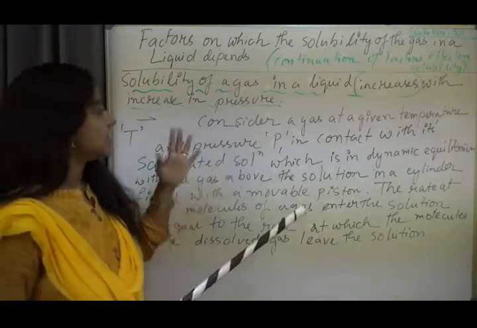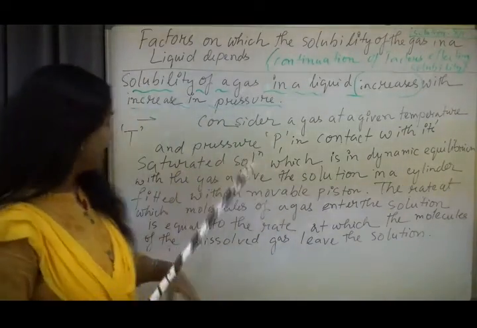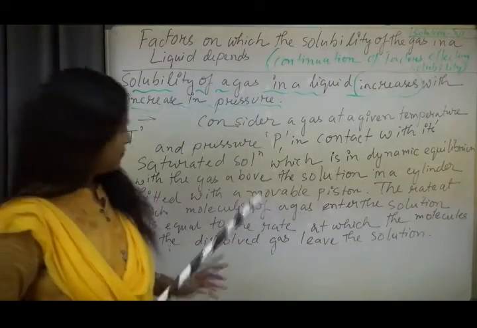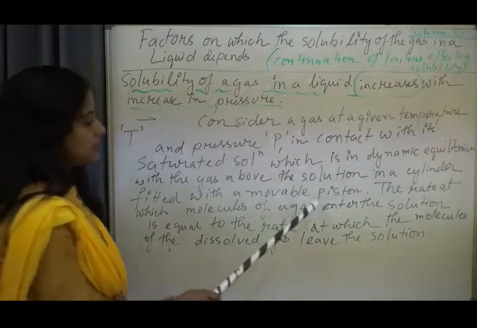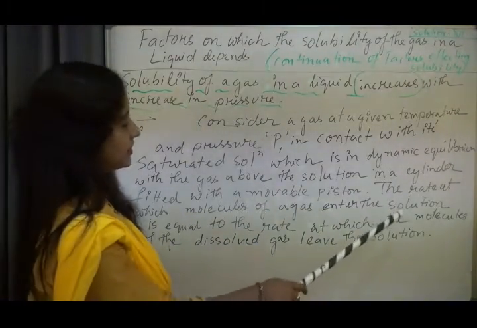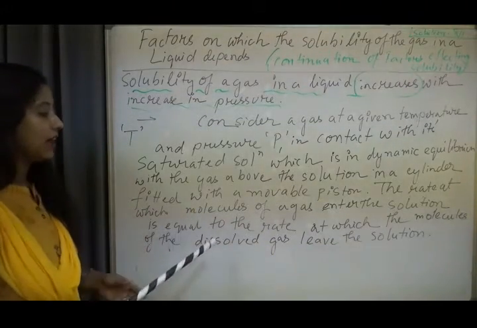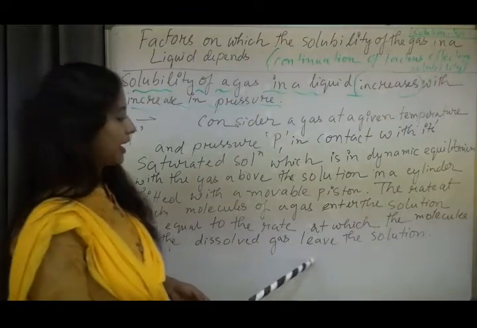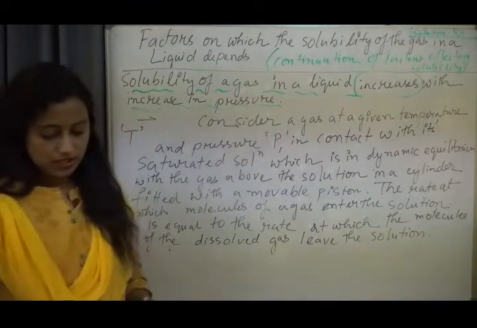The gas above the solution is in a cylinder fitted with a movable piston. The rate at which the molecules of the gas enter the solution is equal to the rate at which the molecules of the dissolved gas leave the solution.